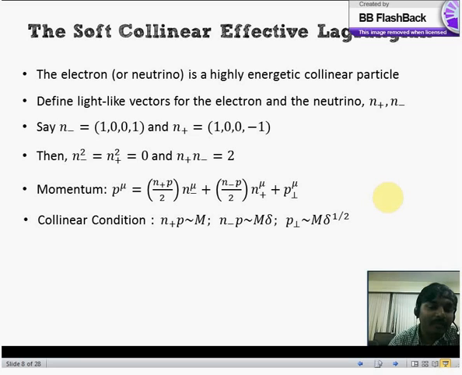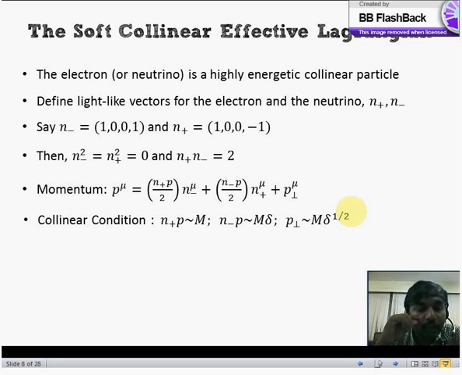So the momentum can actually be split, and this is extremely easy to obtain. It can be split into the direction of n minus, the direction of n plus, and transverse. These are just two opposite directions, say plus z and minus z along the z-axis, and this part represents the part of the momentum which is going in the transverse direction.